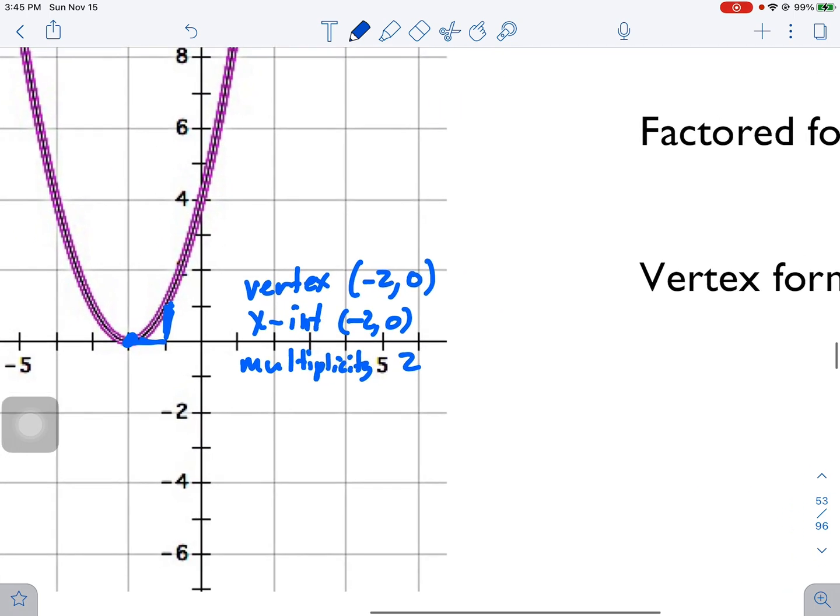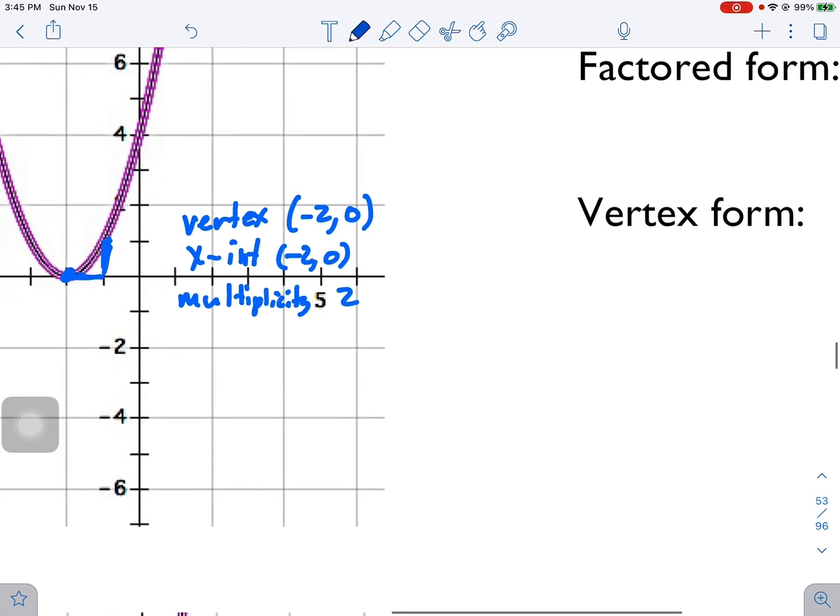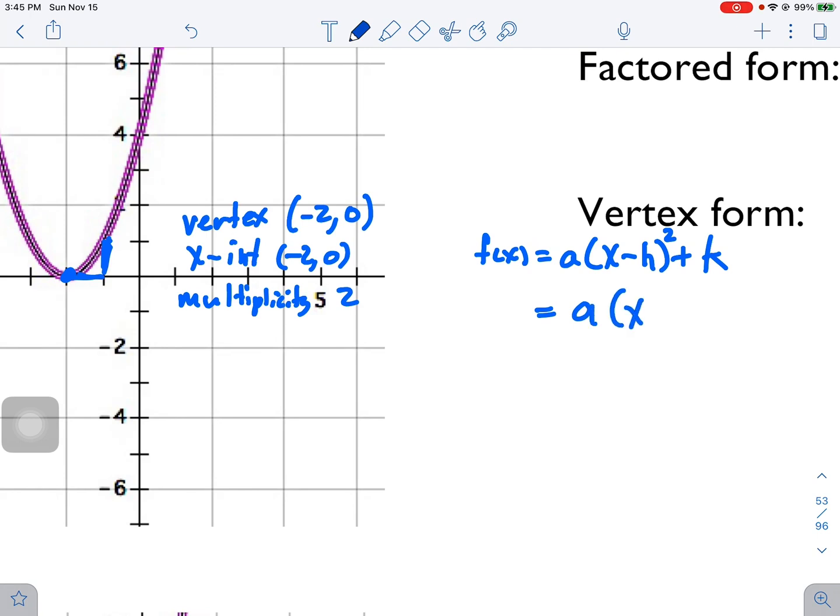Let's say we wanted to do it with the vertex form. The vertex form is a, that's a stretch, times x minus h, that's the x value, squared, plus k, which is the y value. Looking at our vertex, we could say it's a times x minus -2, which is really x plus 2, and the k value is 0.